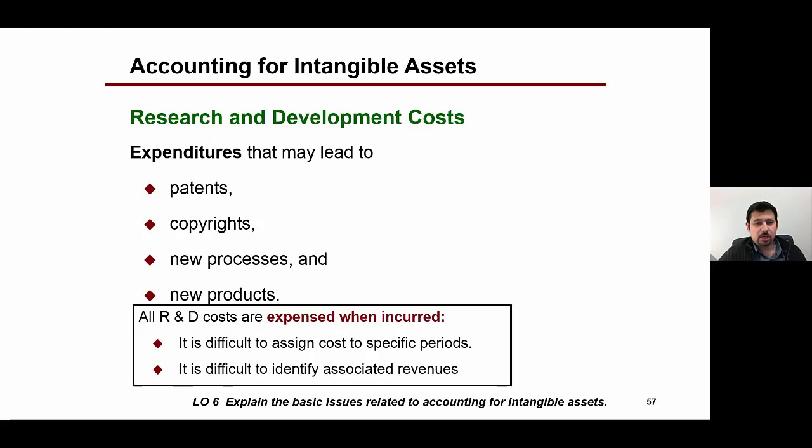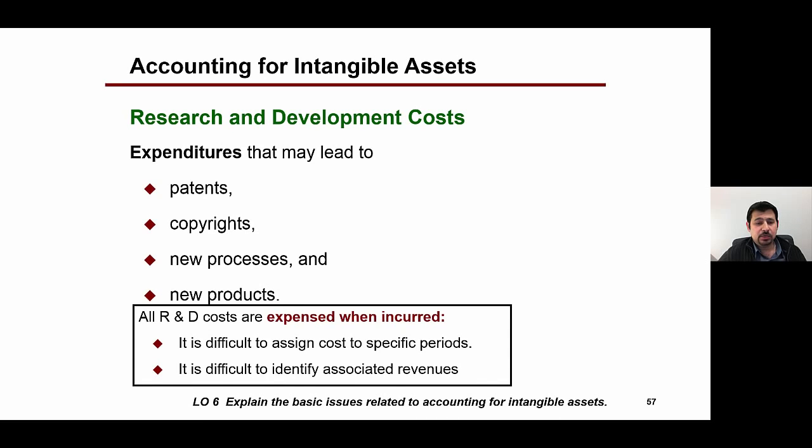Research and development costs are also a tricky one because in this case they may lead to patents, copyrights, new products, and because it is very hard to relate research and development costs to a specific product, they are usually expensed when they are incurred, because again it is very hard to identify whether they will lead anywhere or not, because sometimes companies would spend a lot of money on research and development and they do not end up with a working product.